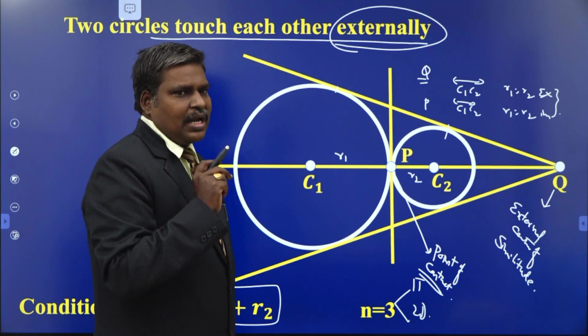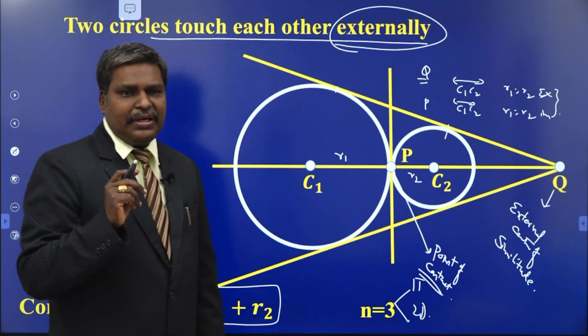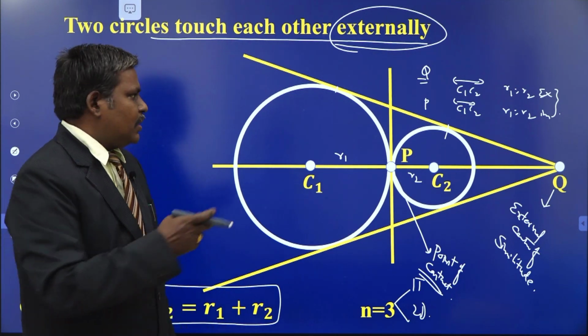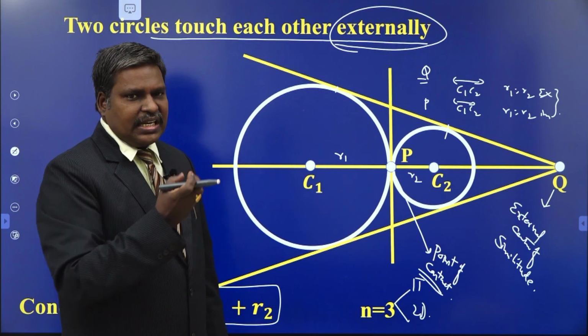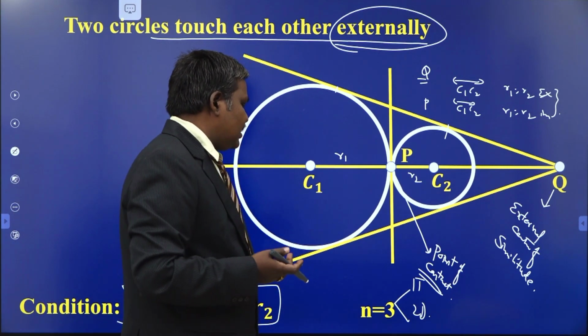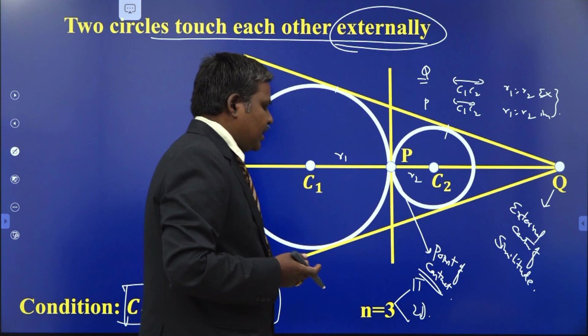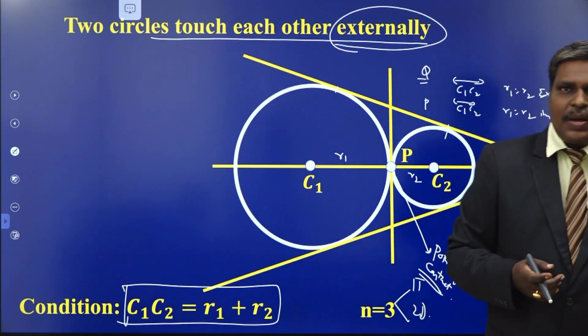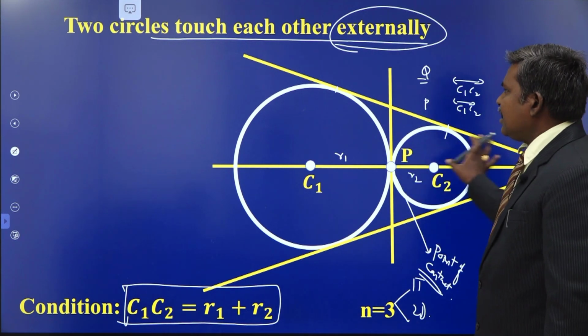There are 2 direct common tangents and 2 transverse common tangents when the two circles lie completely outside each other. Here the two circles touch each other externally. In this case, one transverse common tangent is missing. There exist only 3 common tangents, in which 2 of them are direct and only one is the transverse common tangent. Okay, this is the second case.